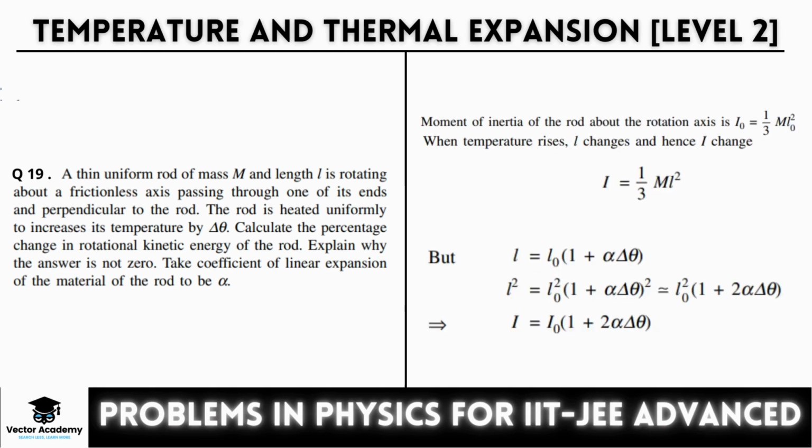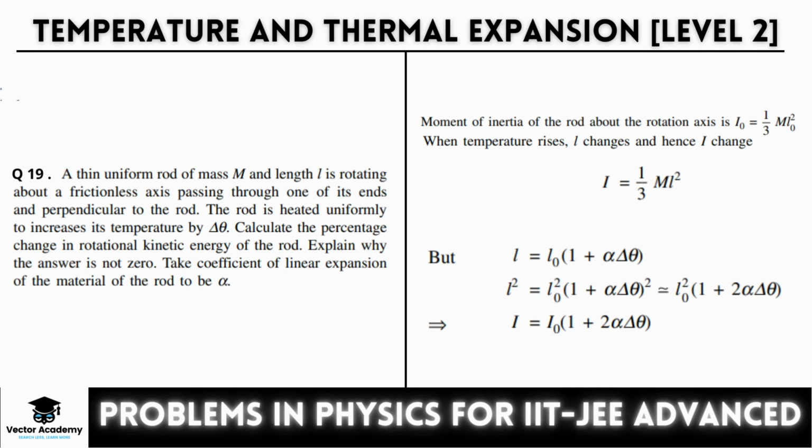Moment of inertia of the rod about the rotation axis is I0 equals 1 by 3 mL0 square. When temperature rises, length L changes and hence moment of inertia I changes and becomes I equals 1 by 3 mL square. But L equals L0 multiplied by 1 plus alpha delta theta.